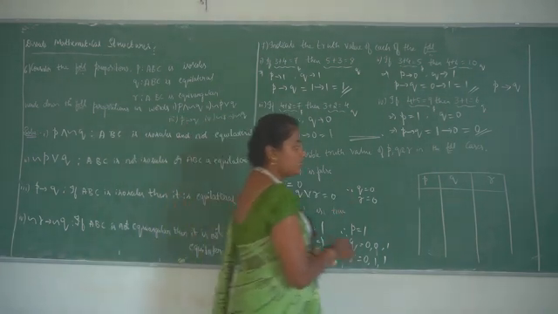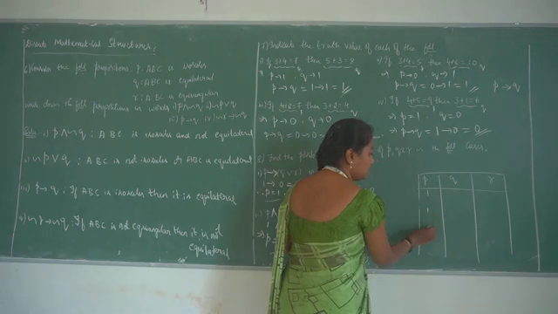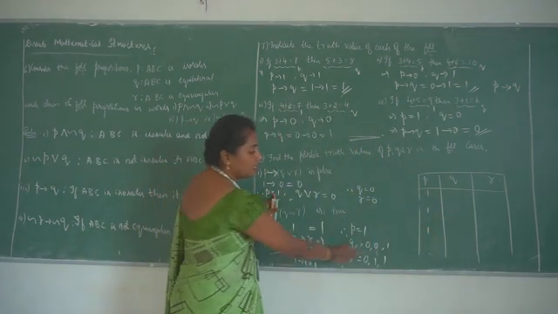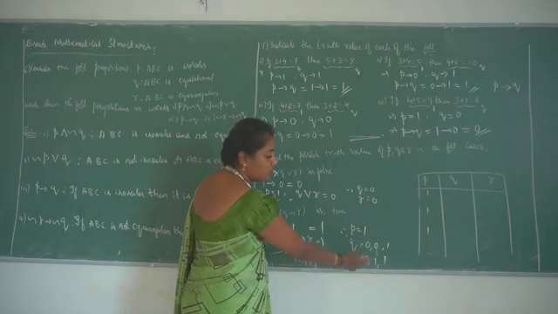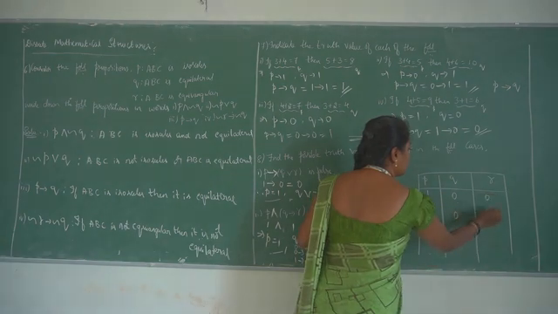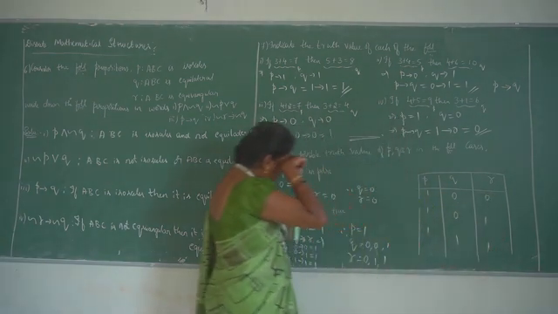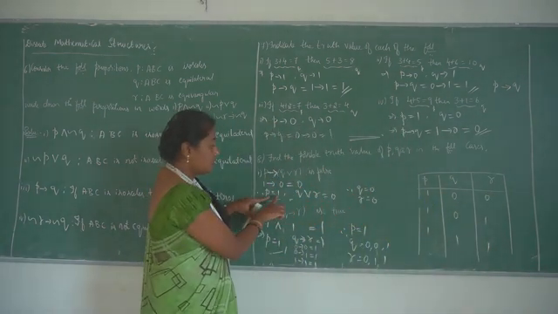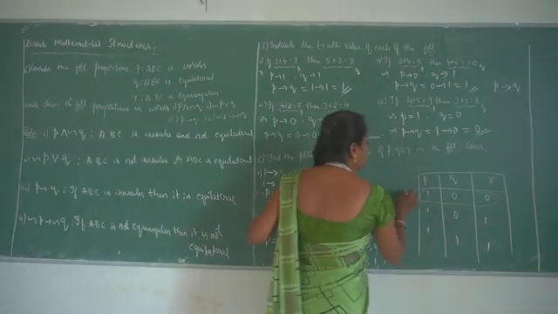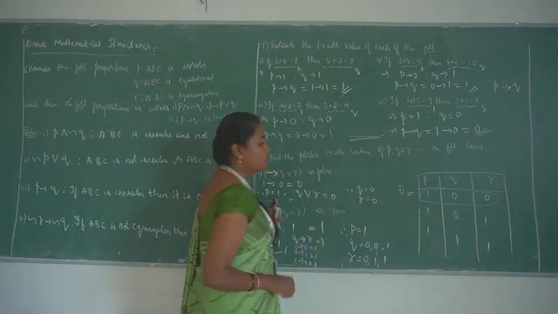So in all the conditions the value of p is equal to 1. For q and r there are three possible values: 0, 0; 1, 0; 1, 1. So combining, the first one is 1, 0, 0, the value for the first problem which is a false statement.